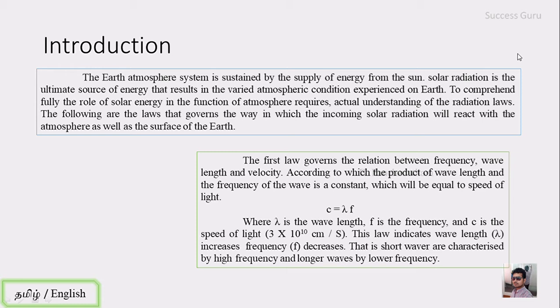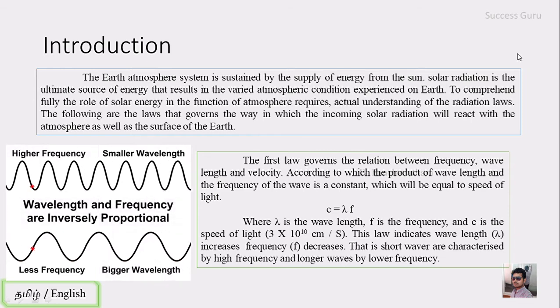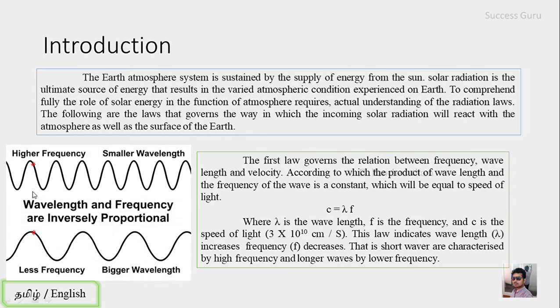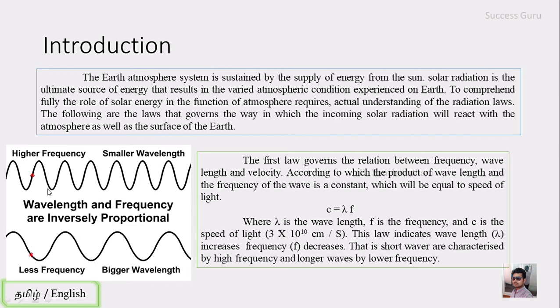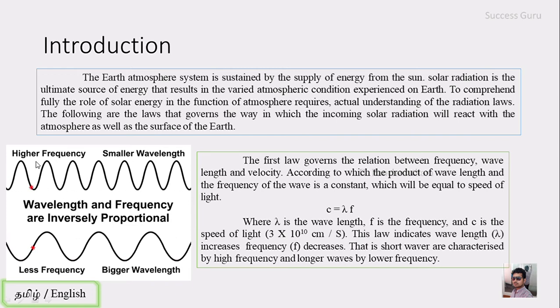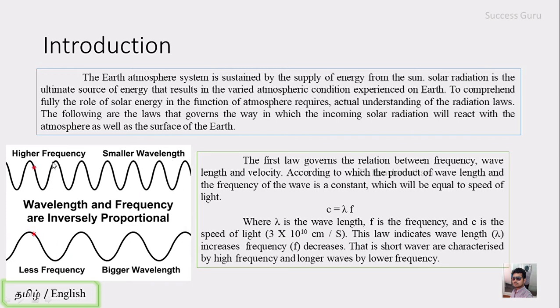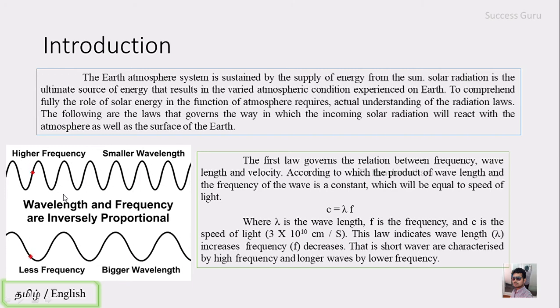That is, the shorter the waves, the higher the frequency, and the longer the wave, the lower the frequency. Let me explain the same law with a figure that you can see here. The very first image, the top one, shows a high frequency wave, and you can see the wavelength, the distance between crest and crest or trough and trough, is smaller.